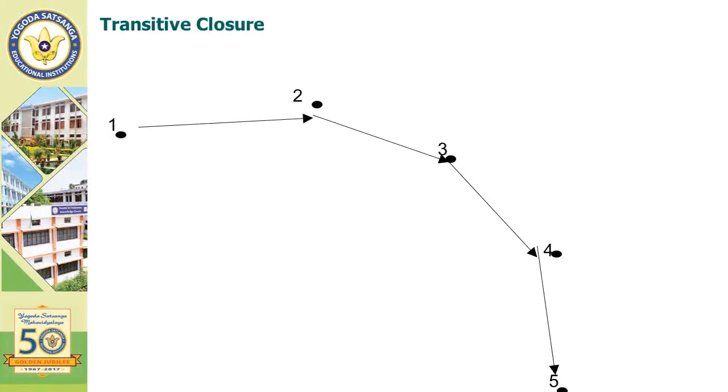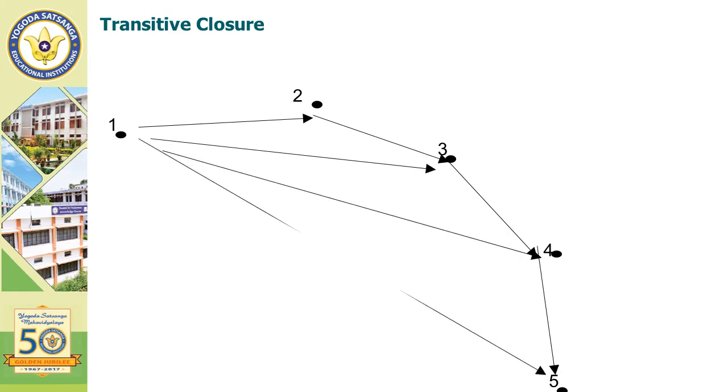Now transitive closure. Here, 5 nodes are connected by edges. If we add each edge, then it is a transitive closure, since the transitive property holds. If we take the 3 nodes 1, 2, 3, then (1,2) and (2,3) give (1,3).